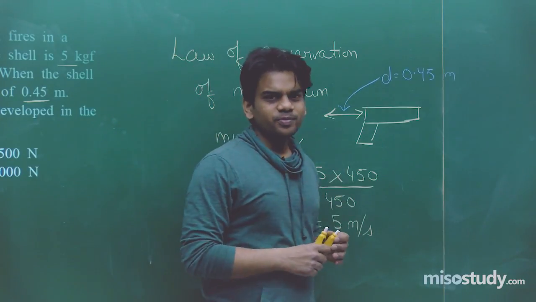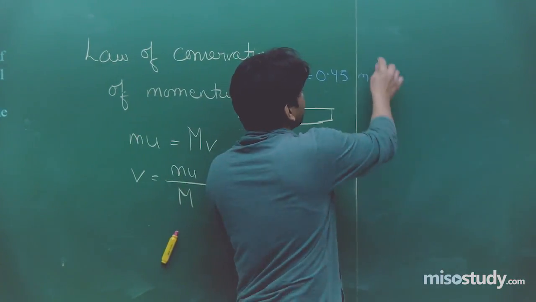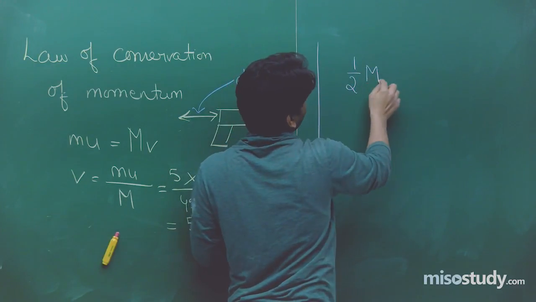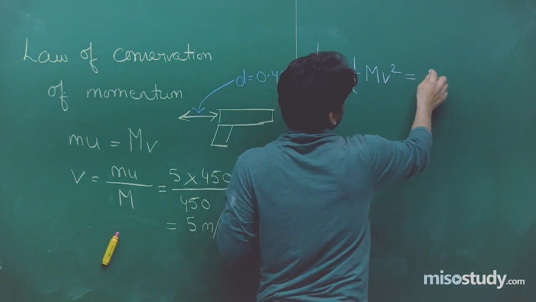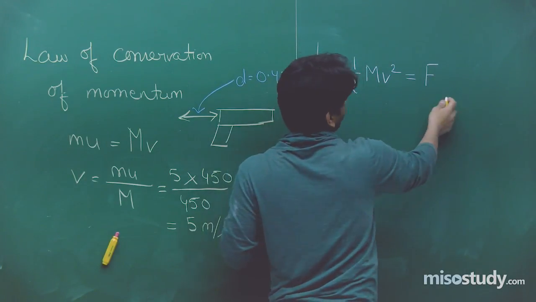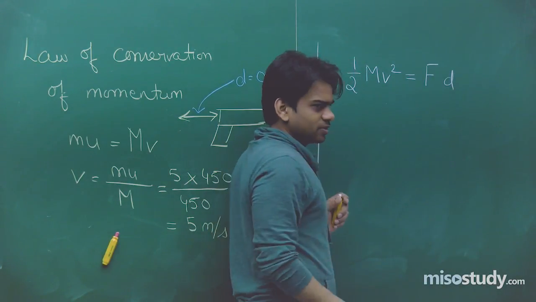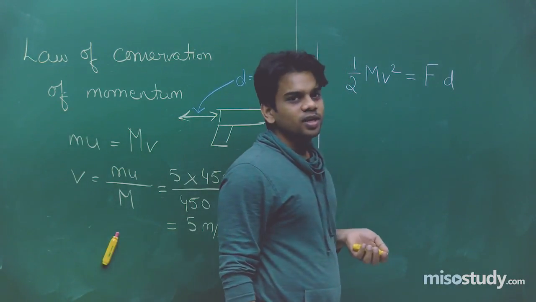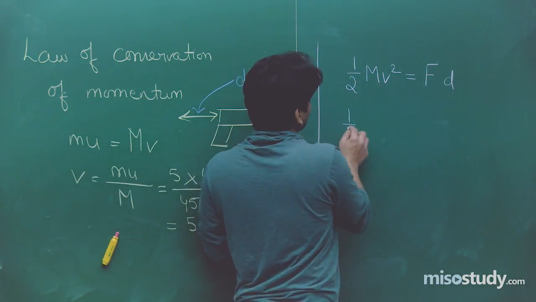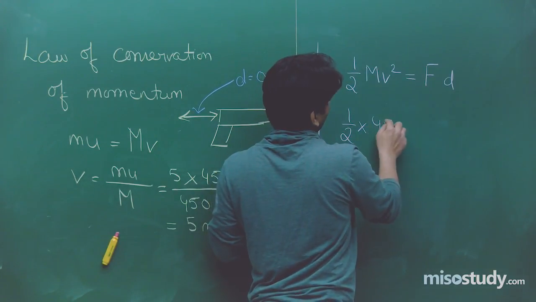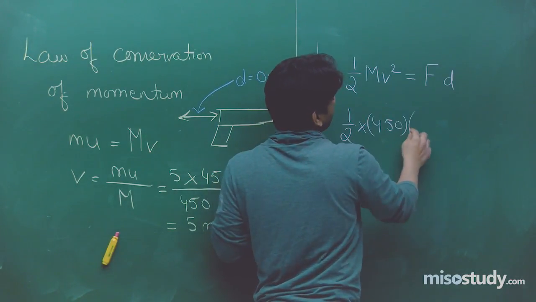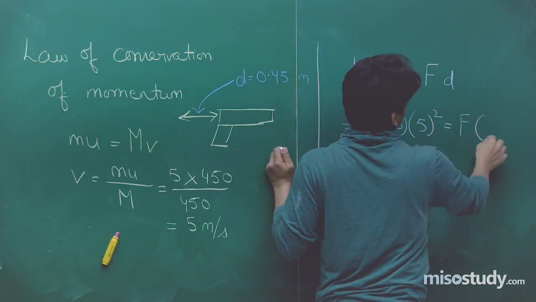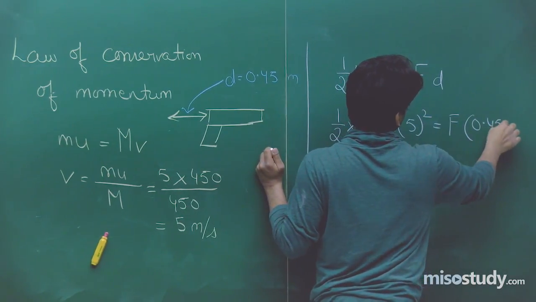Now you see here, the mean braking force is asked. We know that the kinetic energy that the gun will be having, that will be half mv square, and this will be equal to F, the braking force, into the distance traversed. If we talk about the mean braking force, we multiply with distance, work done, that will be equal to kinetic energy of the gun. Put up the values: half, mass is 450 kg, v square that we have evaluated as 5 square, force that we need to evaluate, the distance that it has moved back, that is 0.45.